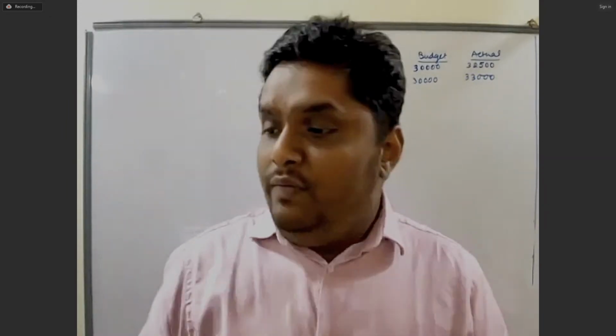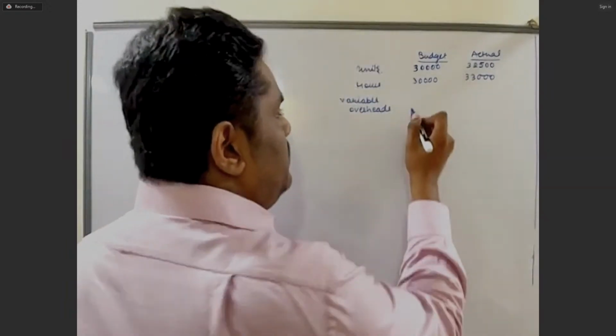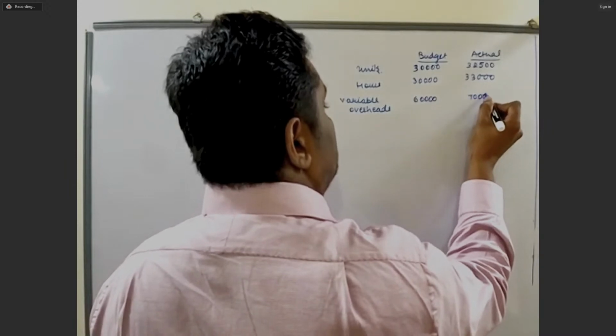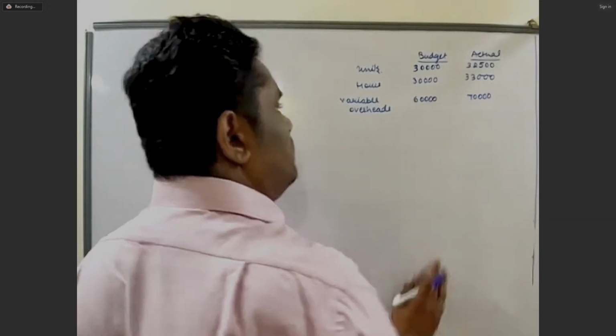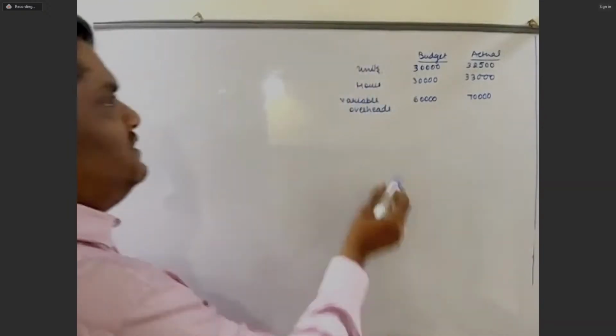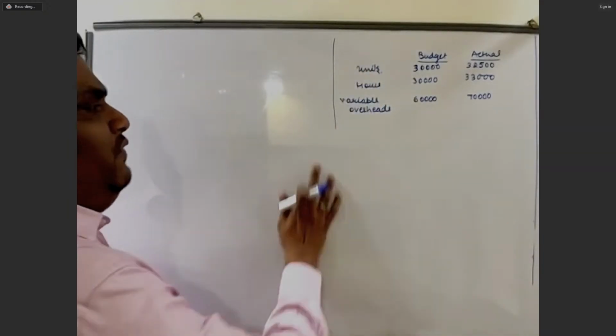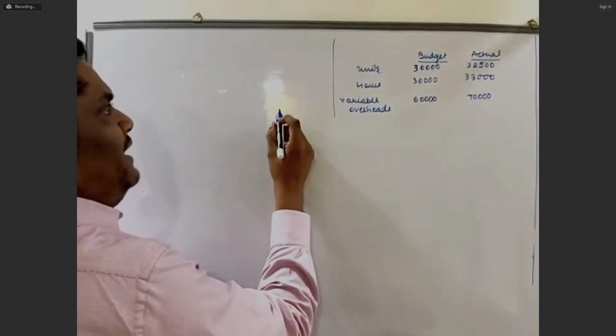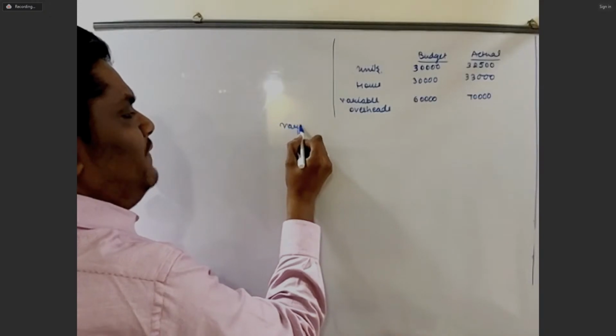Further, when talking about variable overheads, let's say the variable overheads are 60,000 and 70,000. Now let's start with the calculation of variable overhead variance. Again, this concept is very easy. So let's start with variable overhead cost variance.